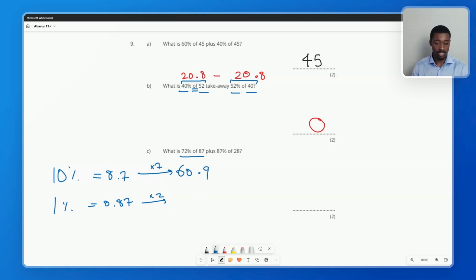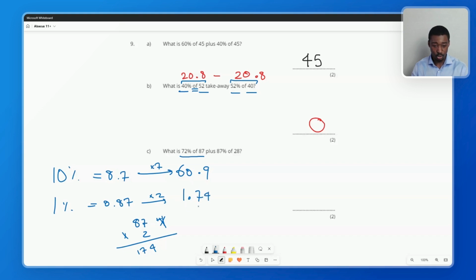Then we have 1% times 2. So 0.87 multiplied by 2. Now, just to make sure we don't make any silly mistakes, let's just do it manually. 2 times 7 is 14, carry the 1. 2 times 8 is 16, add the 1, 17. So it's going to be 1.74.